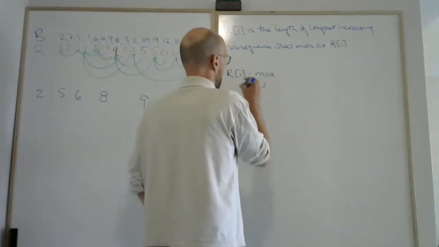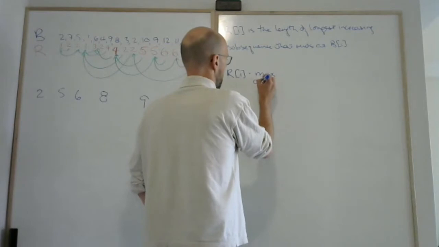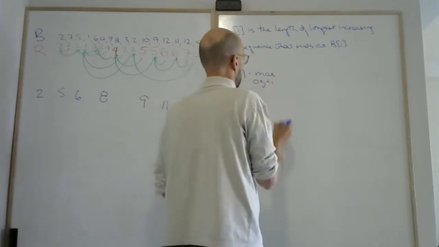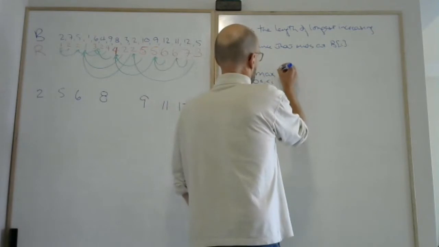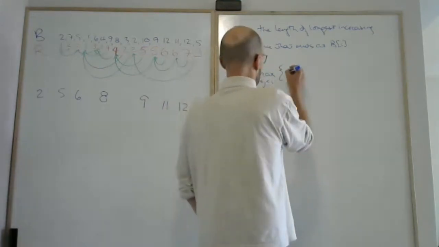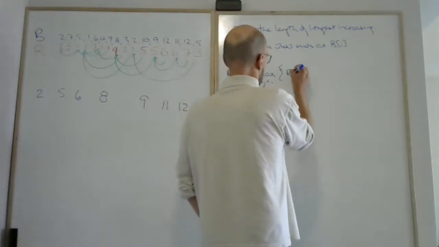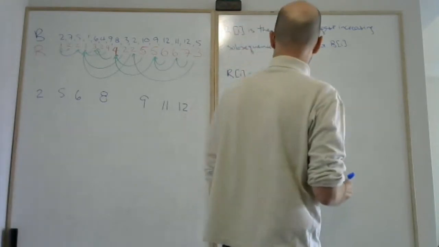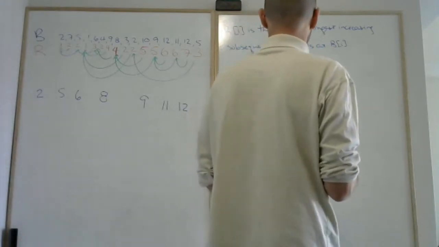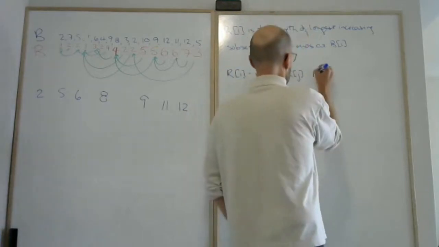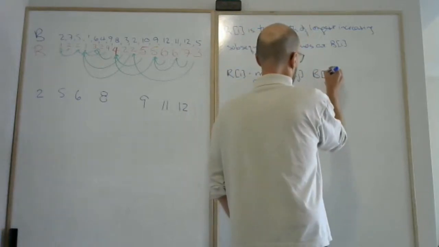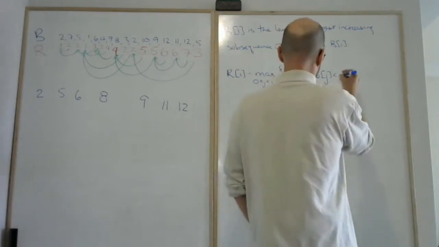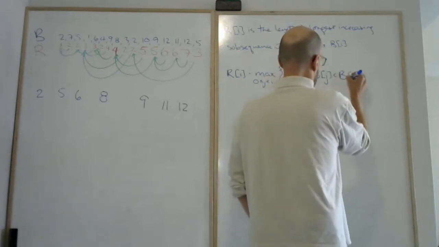So j is greater than or equal to 0 and less than i, of Rj such that Bj is less than Bi.